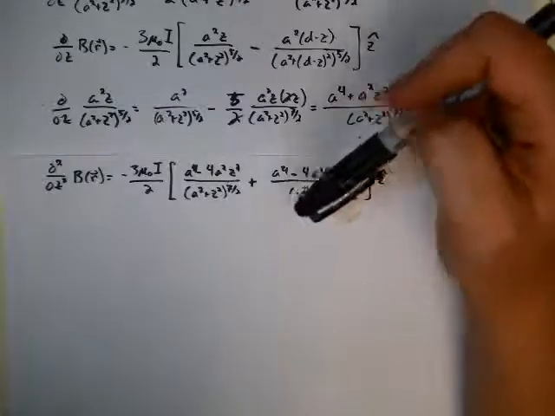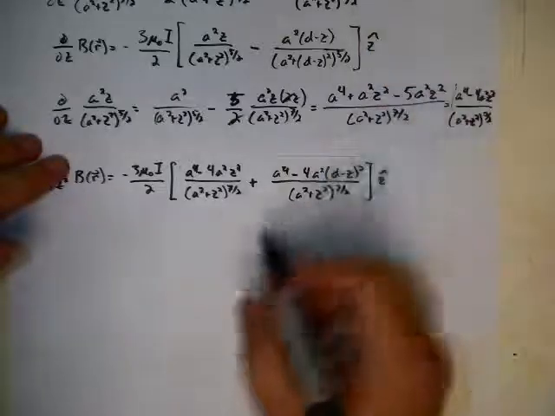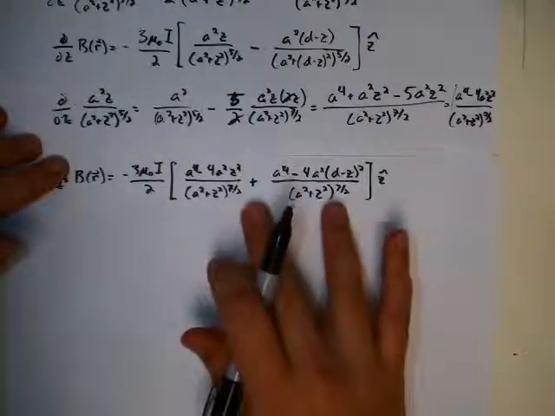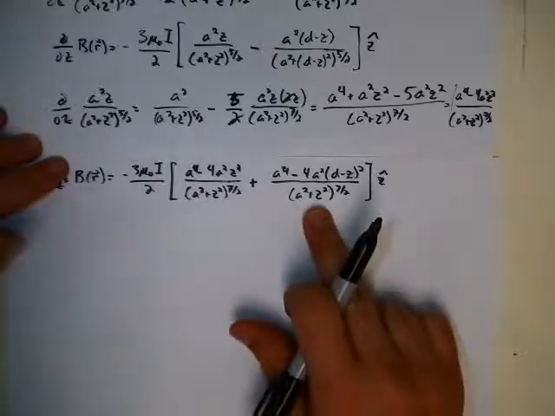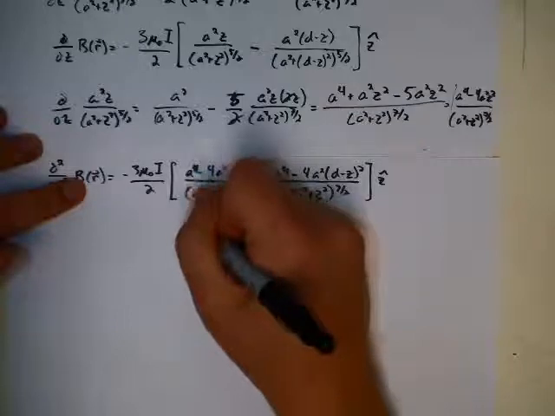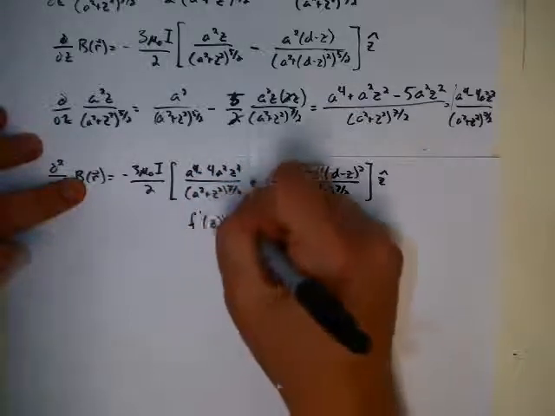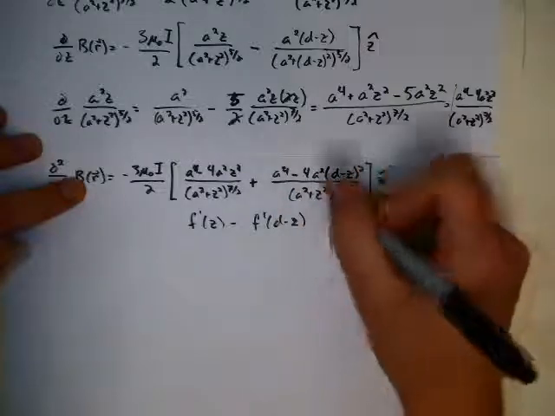When I evaluate at the halfway point, look at what's going to happen to this expression. Here I have the same thing again. I have some f of z and some f of d minus z. When I take the derivative, I'm of course going to get an f prime of z minus f prime of d minus z.